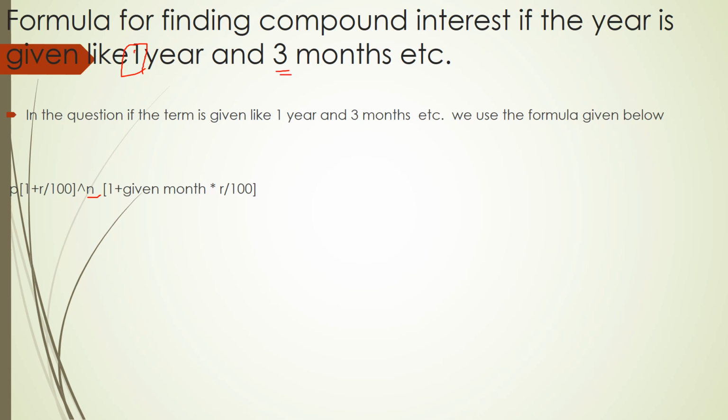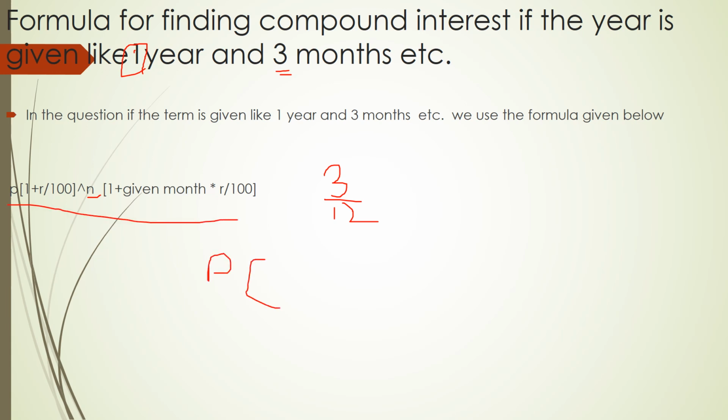It is 1/4 of a year. First you need to find it by taking 3 divided by 12 years. So it will be 1 plus the given month into R by 100. So use this formula. I will write the formula here.